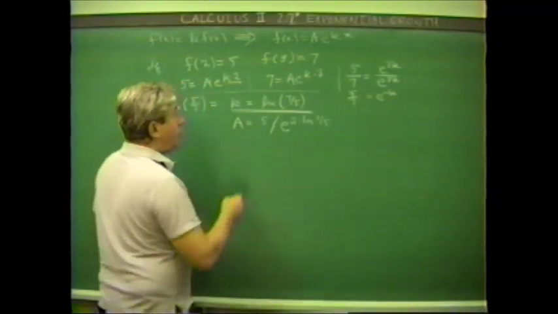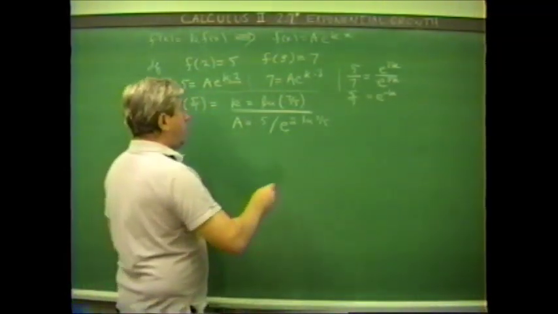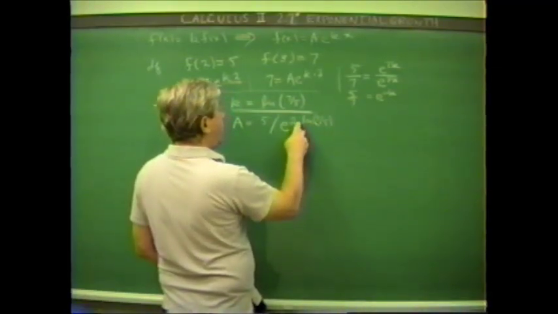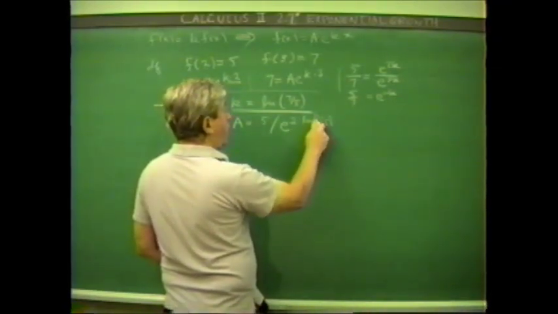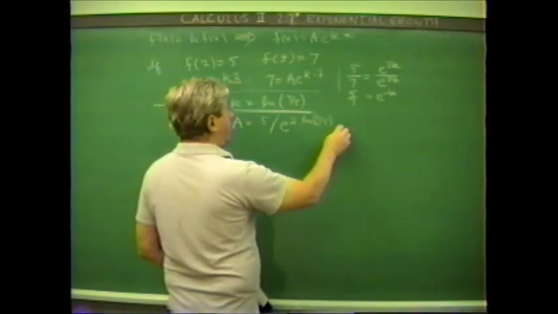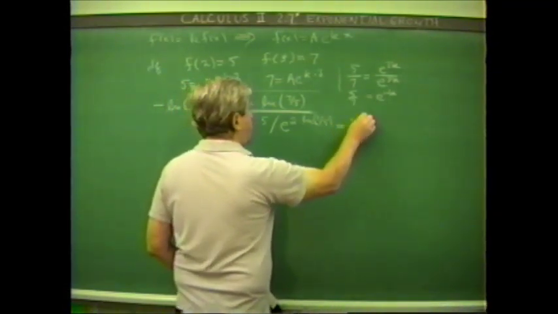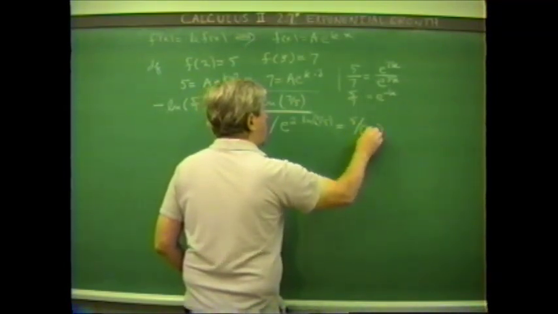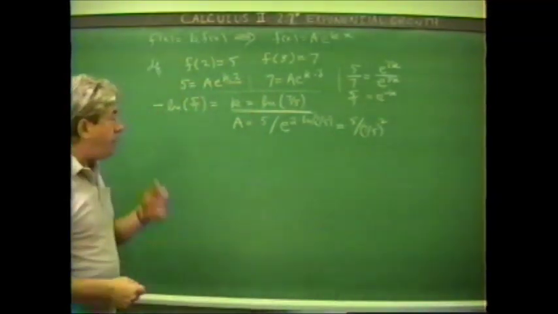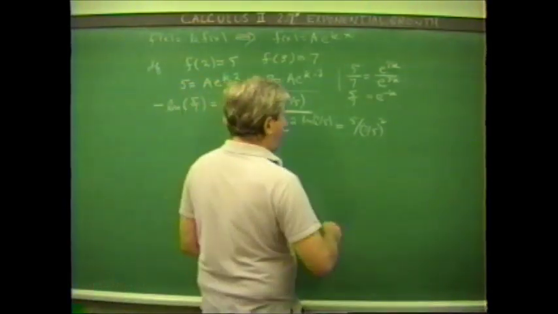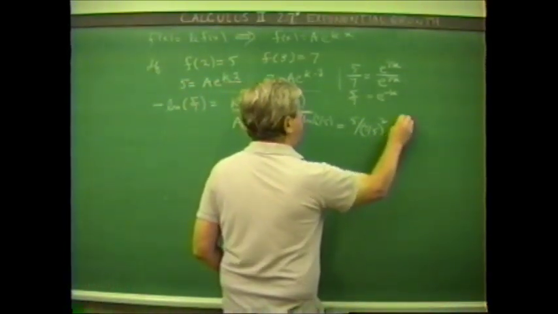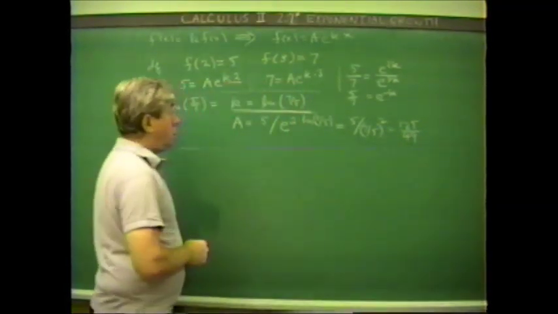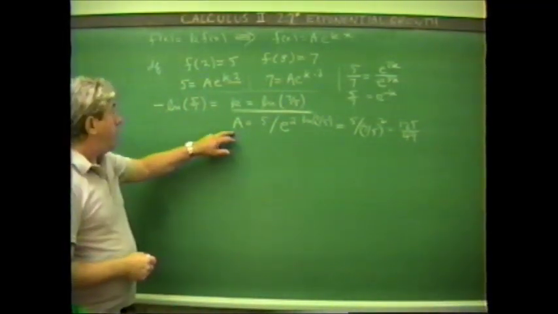Frequently you can simplify this at this point, because e to the 2 log 7/5 is going to be the log of 7/5 squared, and so this is going to be equal to 5 over 7/5 squared, which of course again could be simplified. What do we get? We get 125 over 49. So now we know a and we know k.